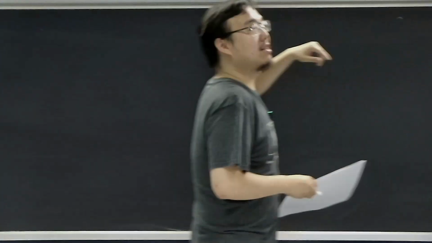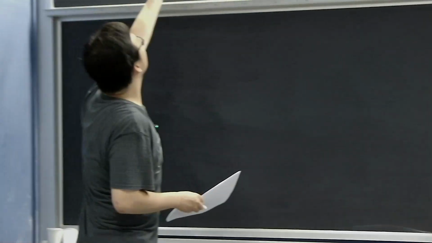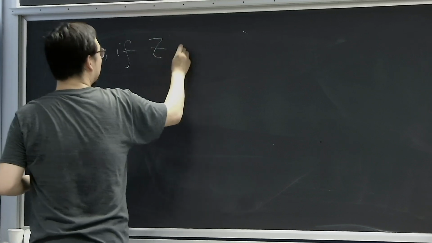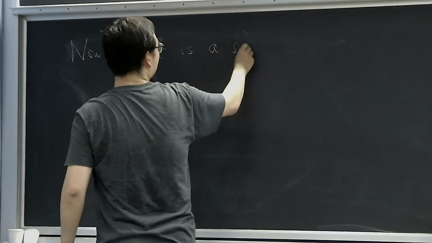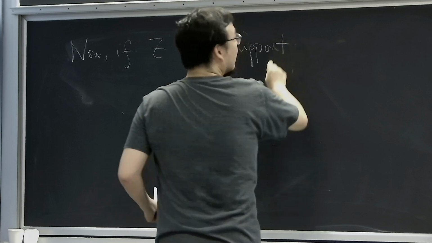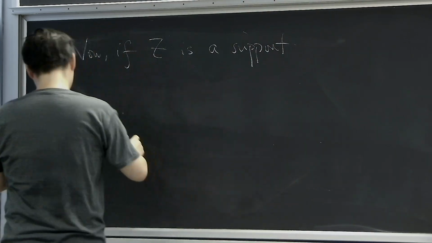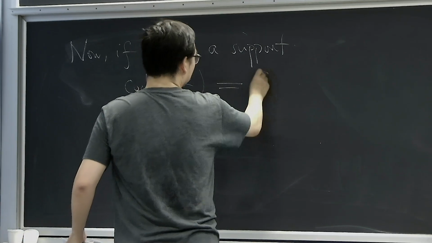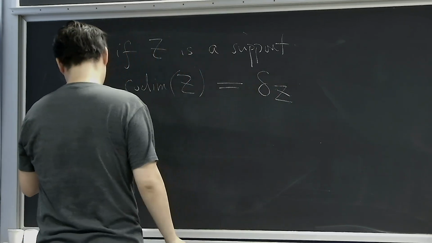Okay, so last time I mentioned that this inequality is useful because most of the time you get the inequality in the other direction. But now assume Z is a support. The Ngo theorem tells you that the inequality has to be satisfied as an equality in this direction, so combining both, if Z appears to be a support, then this inequality is an equality, so the codimension of Z, combining both sides, has to be equal to delta.